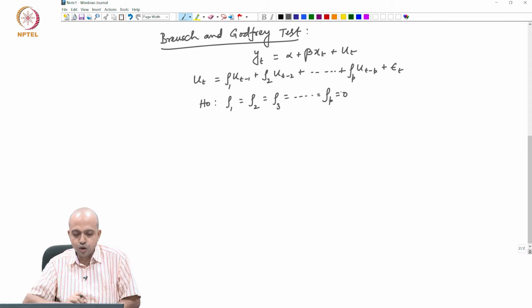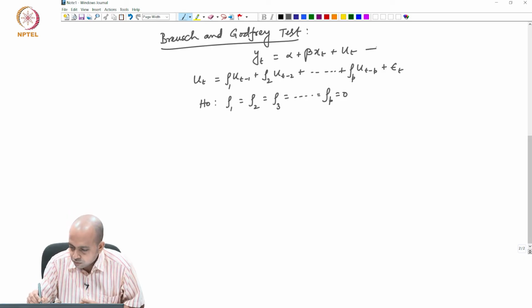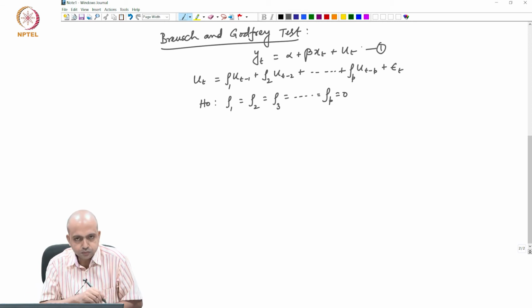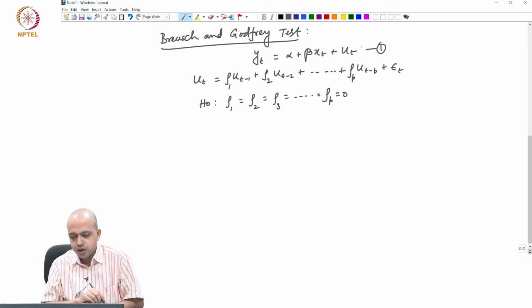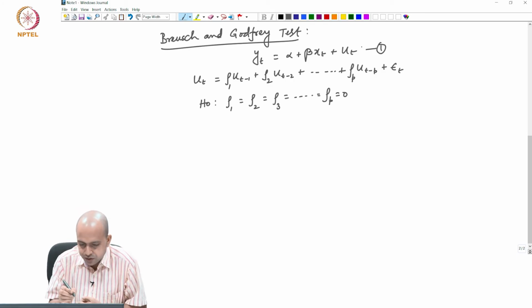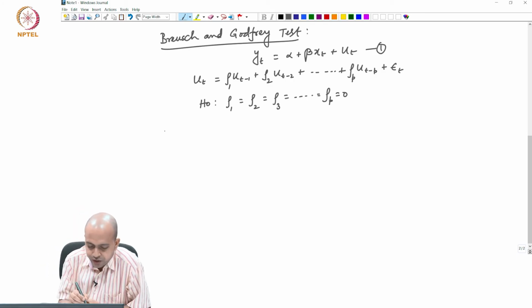That means all these autocorrelation coefficients are actually 0. Okay. Let us say this is our equation 1. Now, what are the steps for this Breusch-Godfrey test? There are certain steps. Let us say step 1.